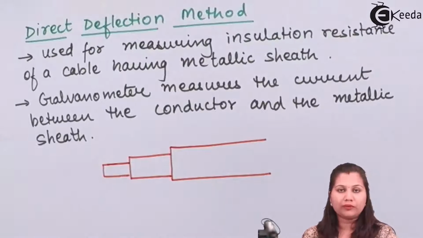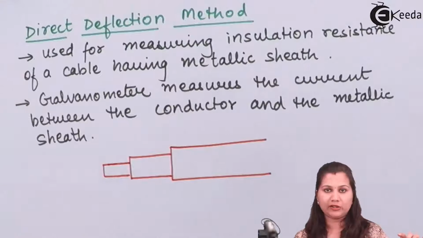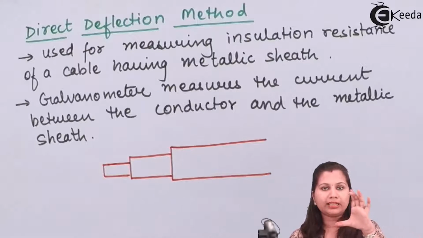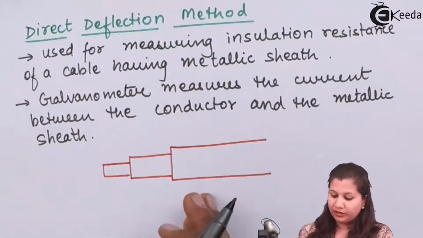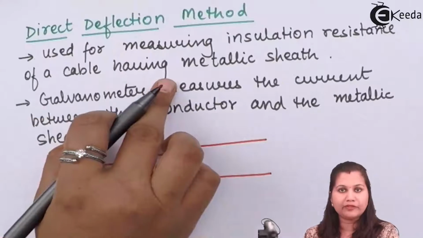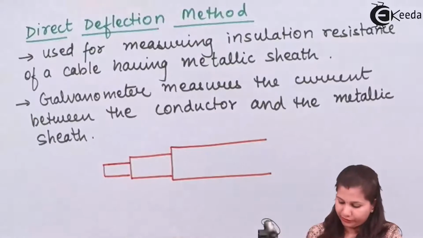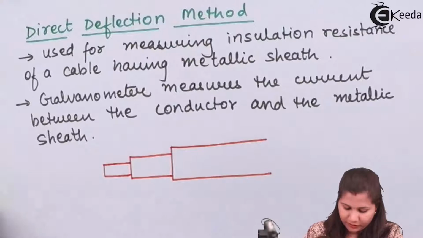So in cables, the inside part is the conductor. Over the conductor we have an insulating material, and over that insulating material we have a metallic sheath. This method is used for measuring the resistance of the cable which has a metallic sheath. Now on the conductor we have the wire.